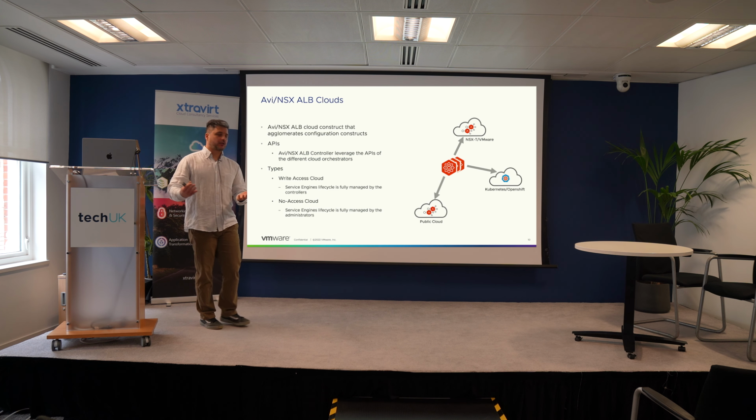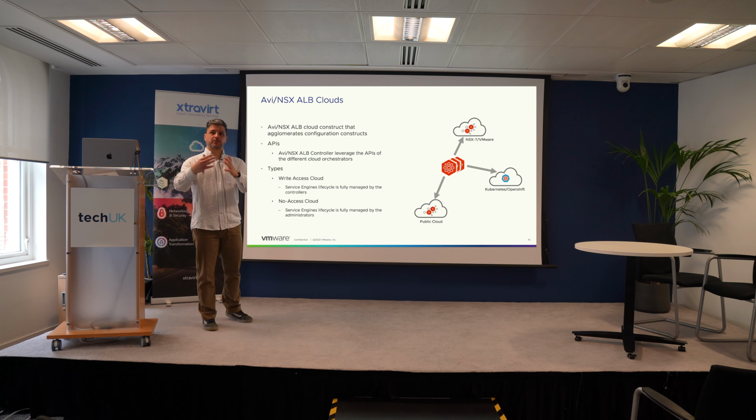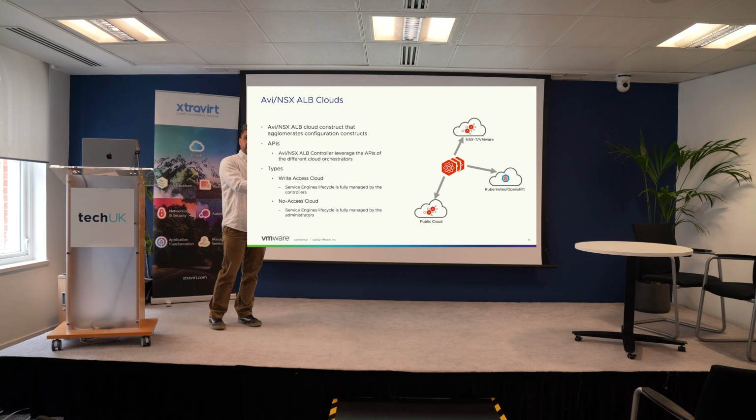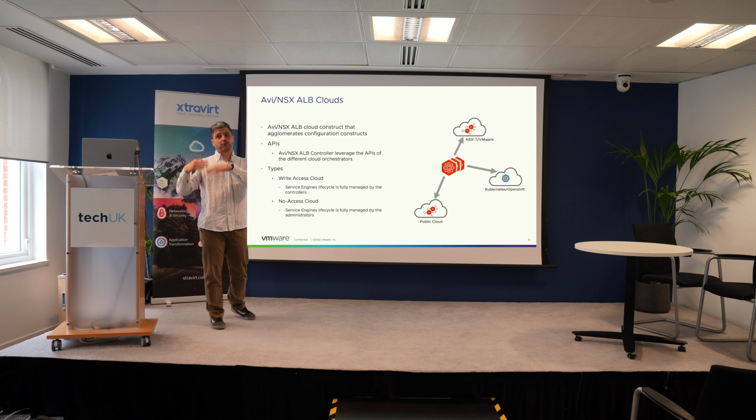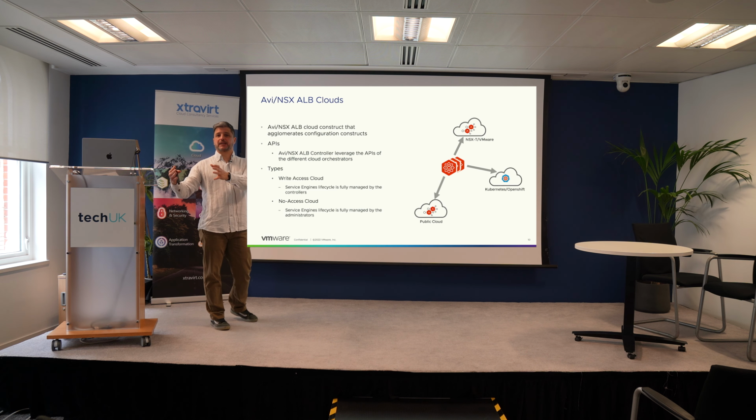In the case of the NSXT cloud, for example, it takes the networking information from the NSXT, but when it needs to provision load balancers, it connects to the vCenter and speaks with the vCenter. So for simple things, if you use an NSXT cloud and you expect the vCenter port groups that you create on your distributed switch to appear on the AVI controller, they will not appear because the networking information comes from the NSXT itself.